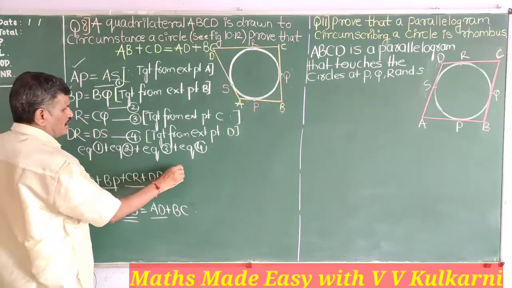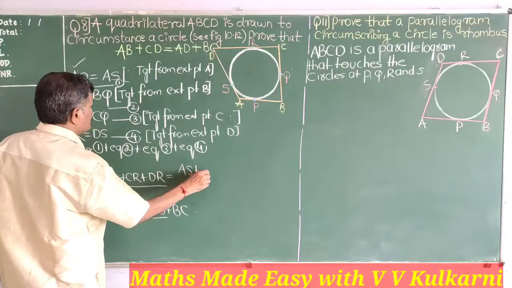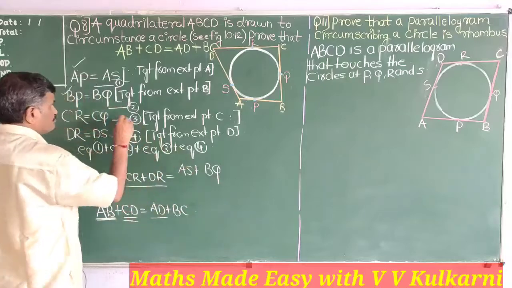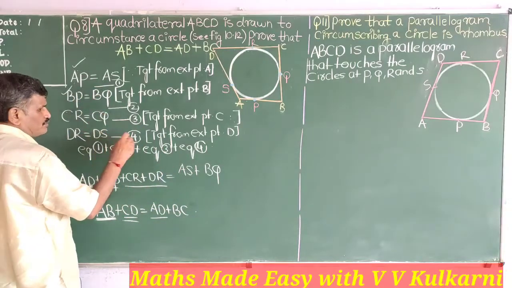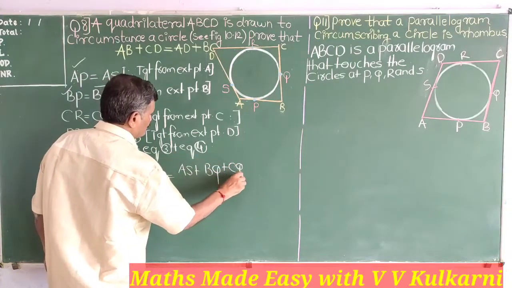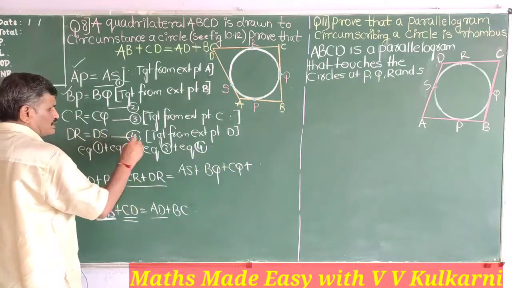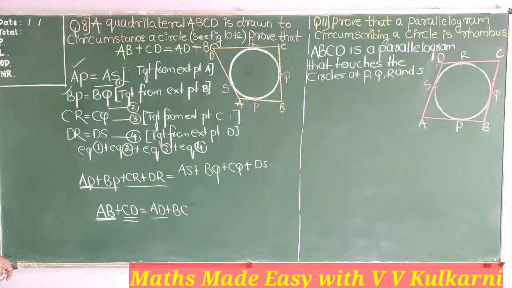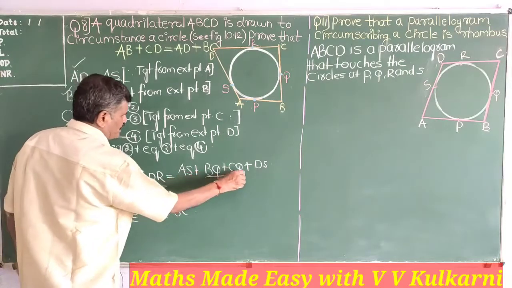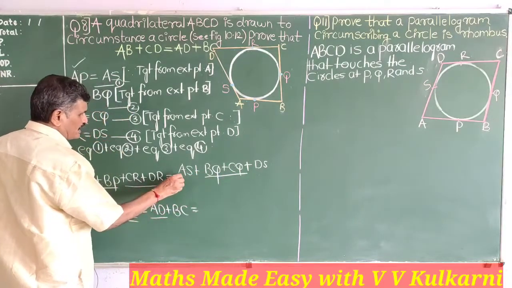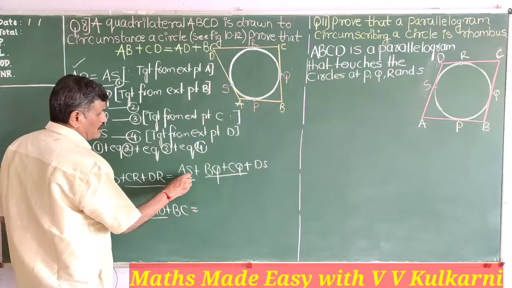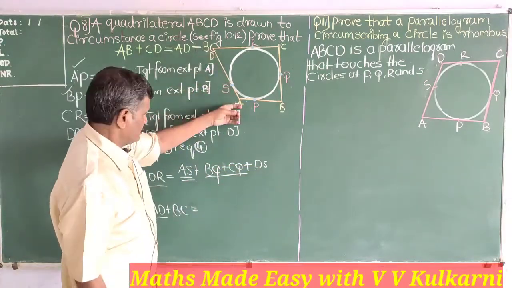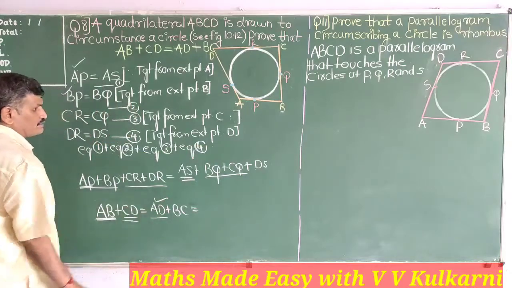Then here, AS plus BQ plus CQ plus DS. What will happen? AS plus DS is equal to AD, which is already there.